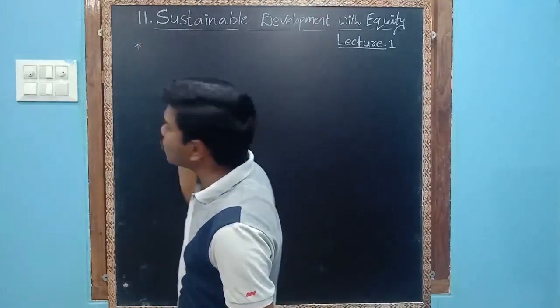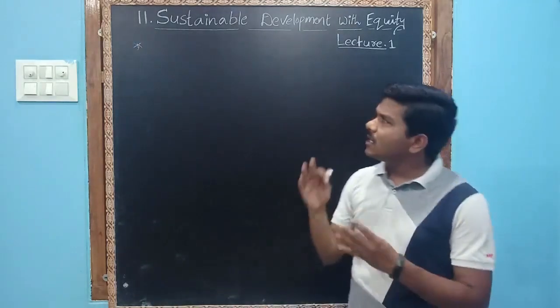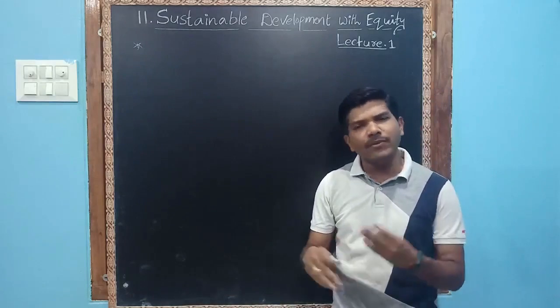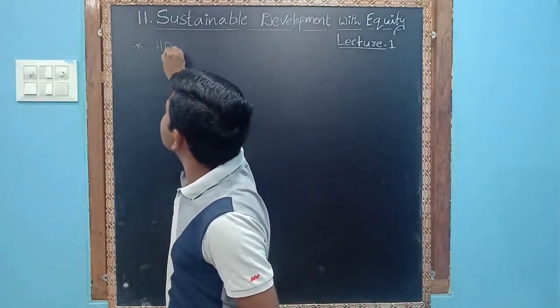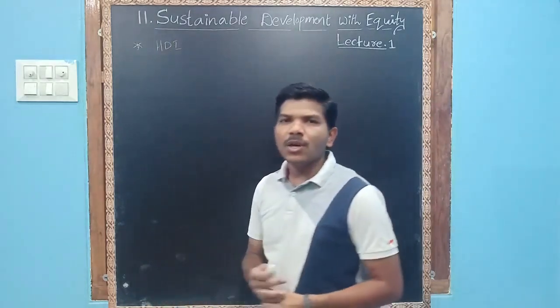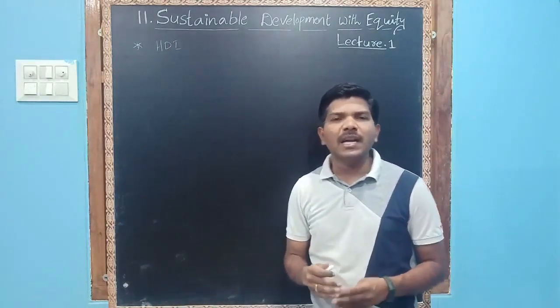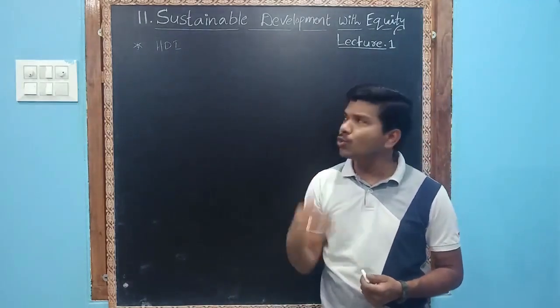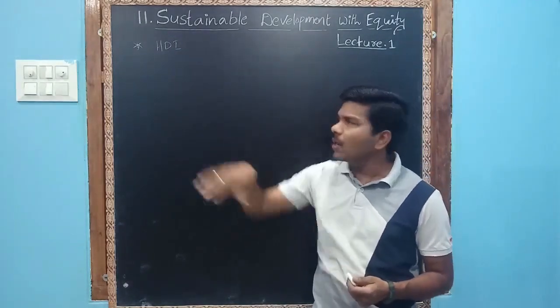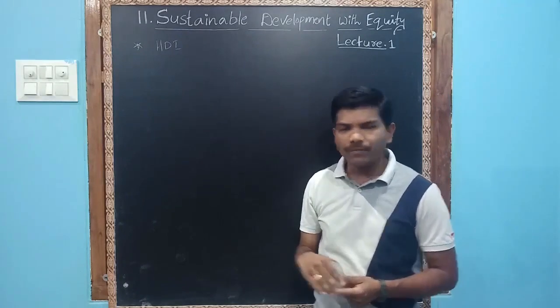From the first topic till now, this lesson is interlinked with every topic. Take the Human Development Index. It is an important index which can show the actual growth of the population or the actual growth of the country.